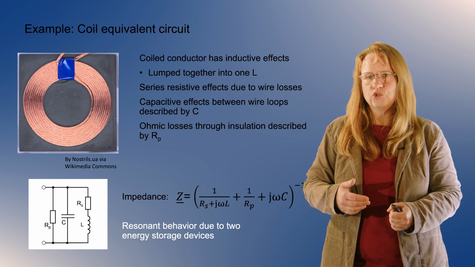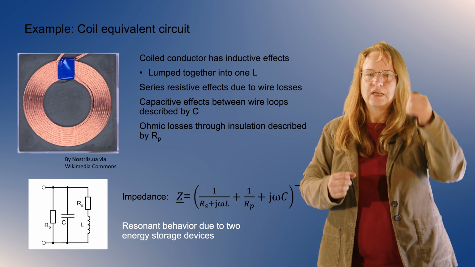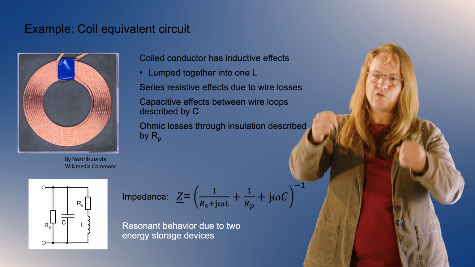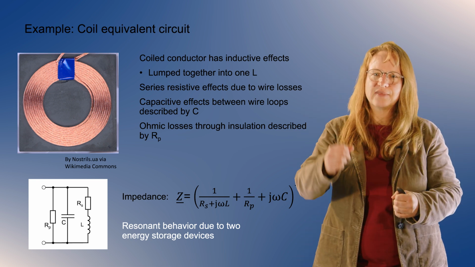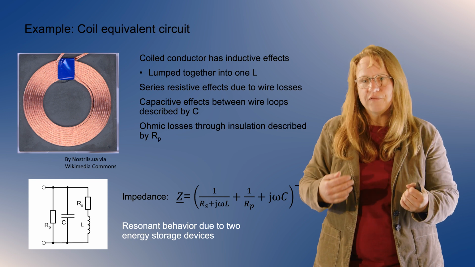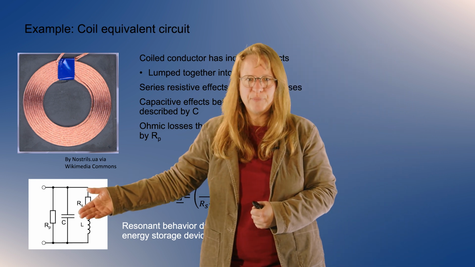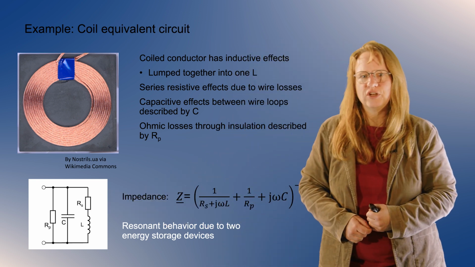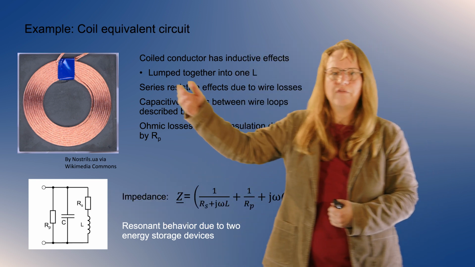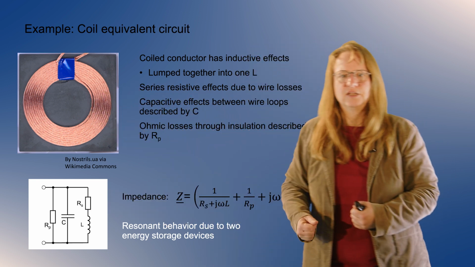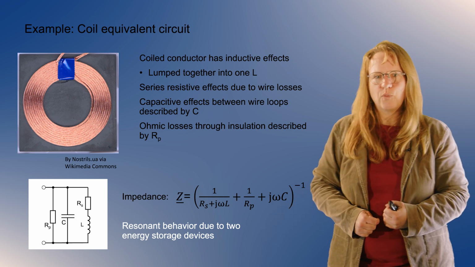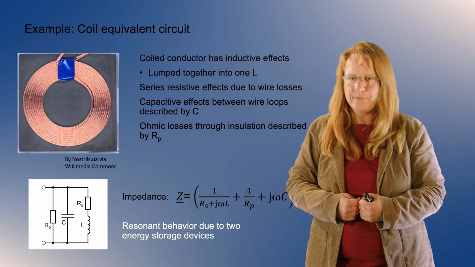The resonance occurs when the energy is resonating back and forth between the inductor and the capacitor. And so a certain frequency will exist where this phenomenon will happen, and that is the resonance of this coil.